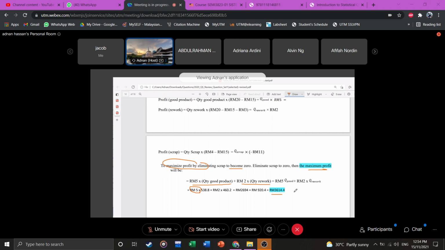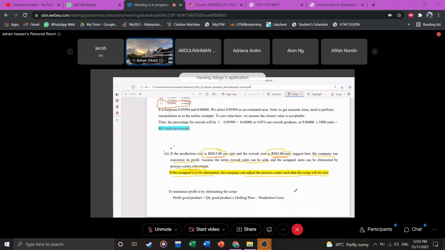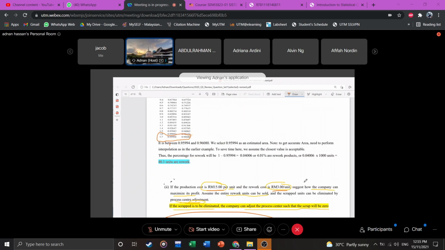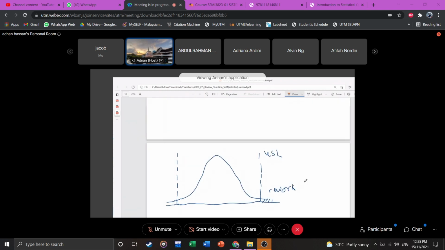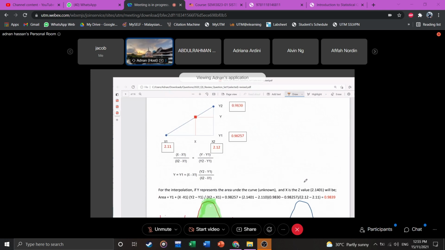The 5 ringgit and 2 ringgit are given here, from the question. How much is the selling price? I think it's given in the question earlier. This formula: profit of good product, quantity of good product, multiplied by selling price minus production cost.